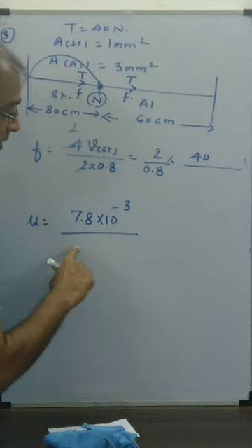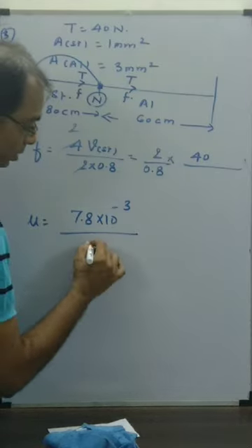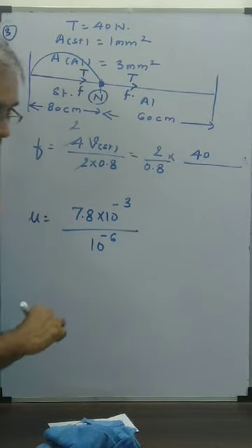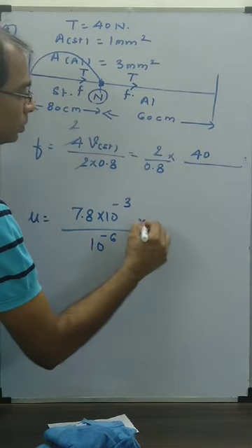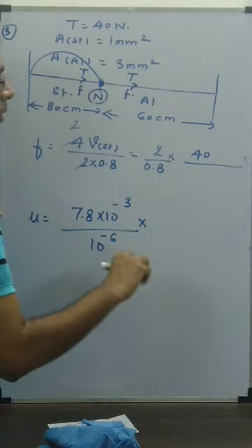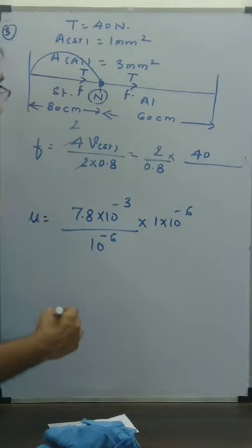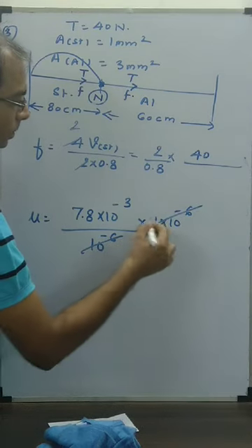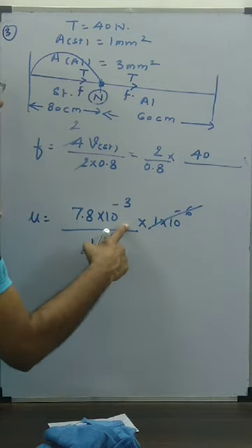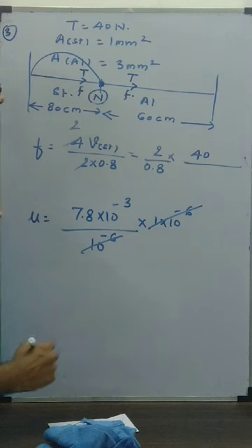We have to convert centimeter cubic into meter cubic, into 1 mm square. We have to convert that into meters, 1 into 10 to the power minus 6 meters square. This and this get cancelled.